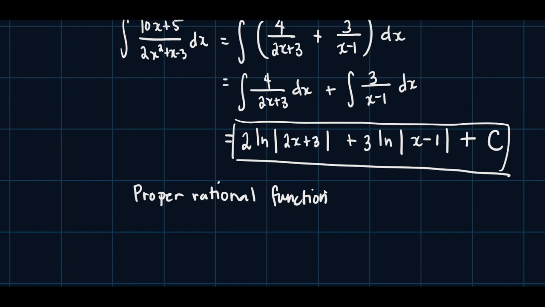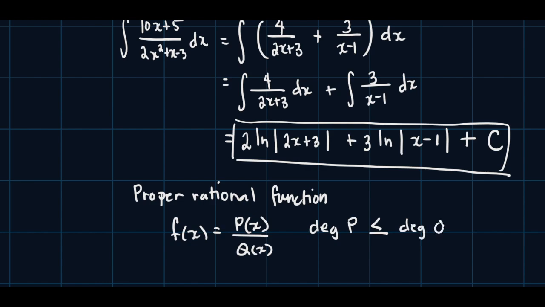A proper rational function is a function of this form, p of x all over q of x, where the degree of p is less than or equal to the degree of q, or the degree of the numerator is less than or equal to the degree of the denominator. Okay?